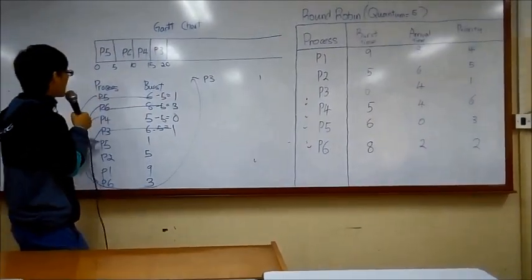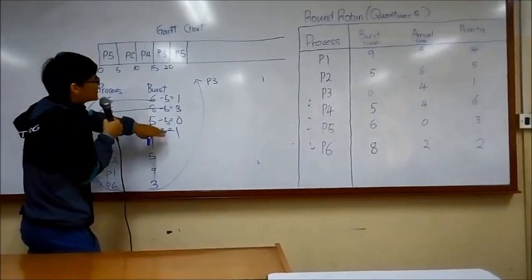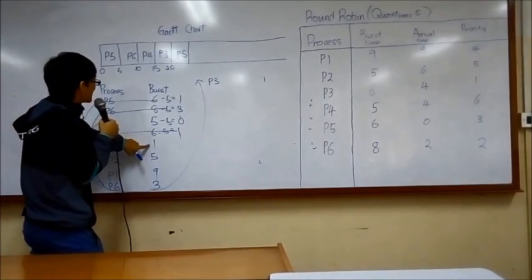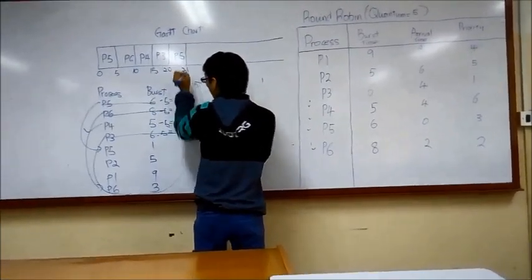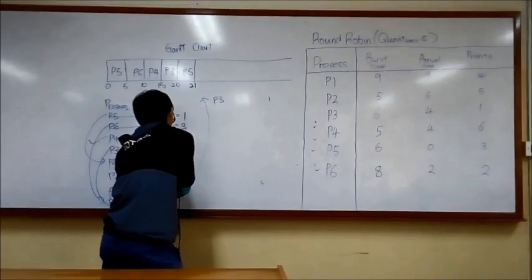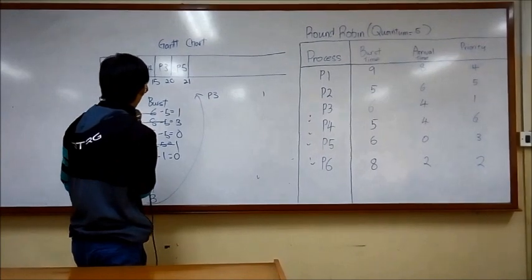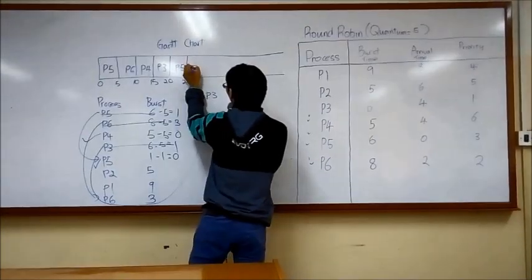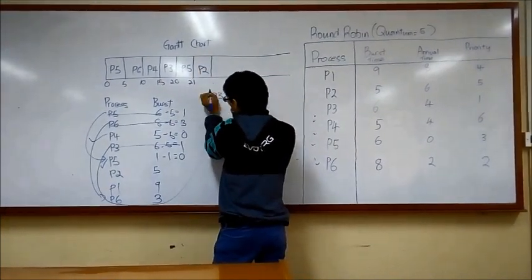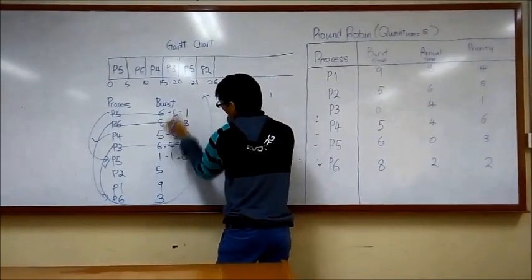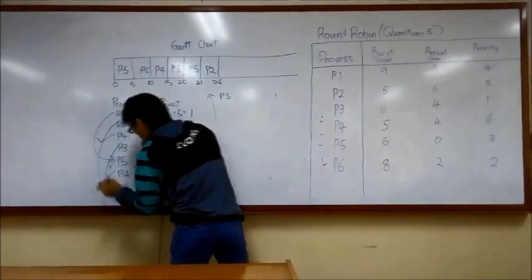We continue with P5, and the burst time is 1. If the burst time is lower than the quantum, we simply pass the burst time. So it's 20 plus 1, which is 21, and 1 minus 1 equals 0. P5 is done. We proceed to P2, whose burst time is 5. 21 plus 5 is 26, and minus 5 again equals 0, so P2 is done also.